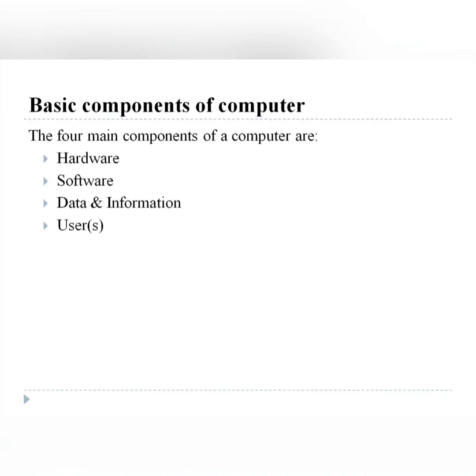In this session, we will be discussing the basic components of computer, that is hardware, software, data and information and users. These are the main basic components of a computer. Let us discuss one by one in detail.